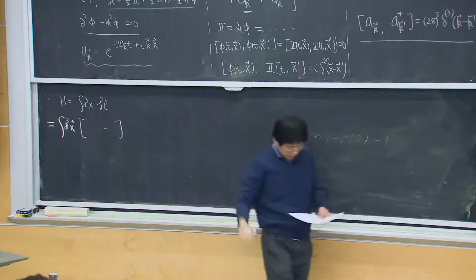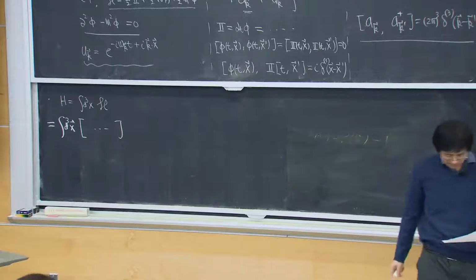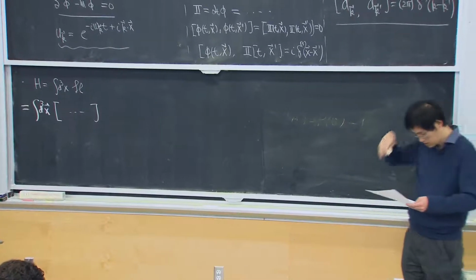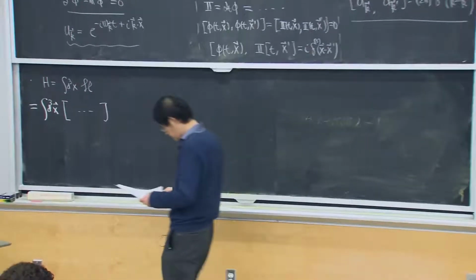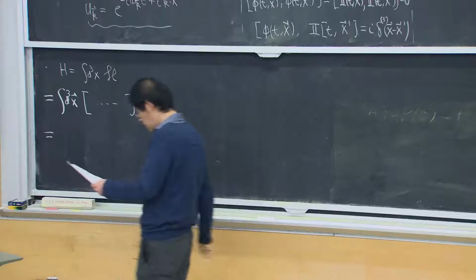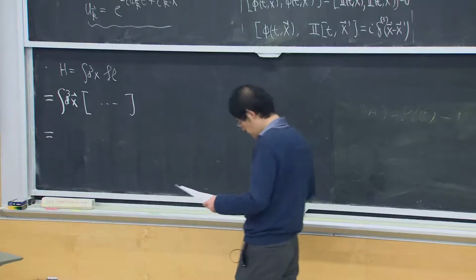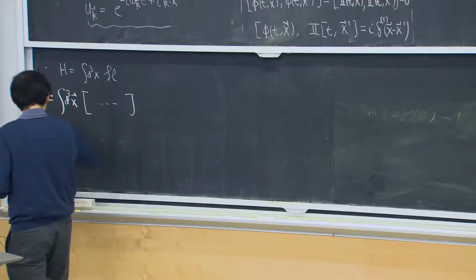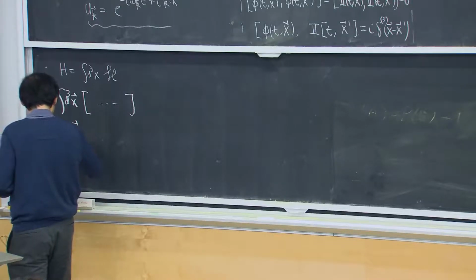And then it's straightforward to calculate. Okay? And I will not go through the details. It's a straightforward calculation. So then you find, maybe after some minutes, the following answer.